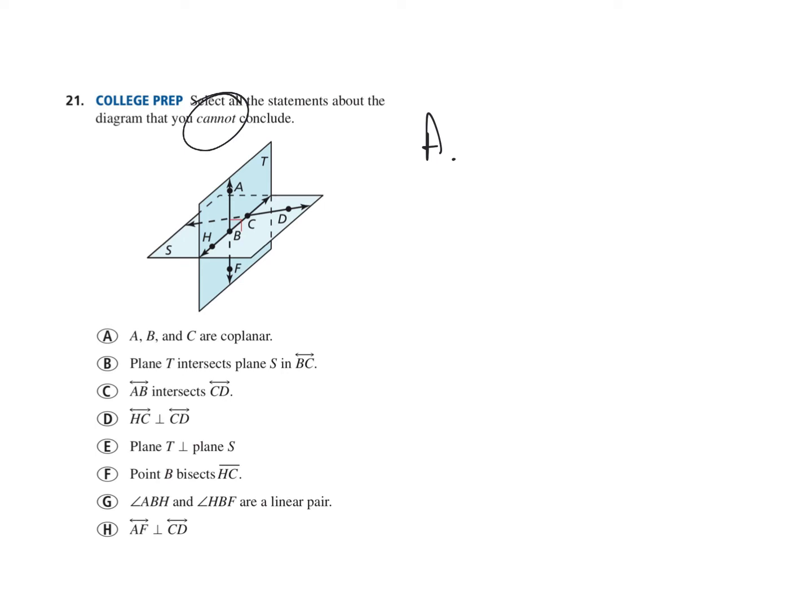There's A, there's B, and there's C. And yes, they are, even though B and C are in the intersection of both planes, that means they're in both planes. So A, B, and C are coplanar. We're looking for things we cannot conclude. All right, let me erase those marks.